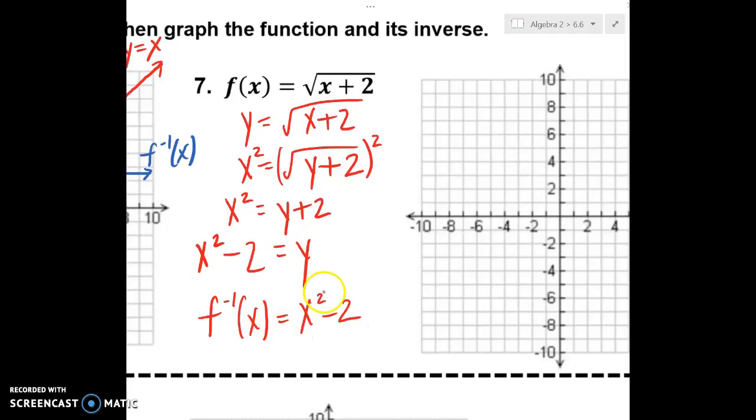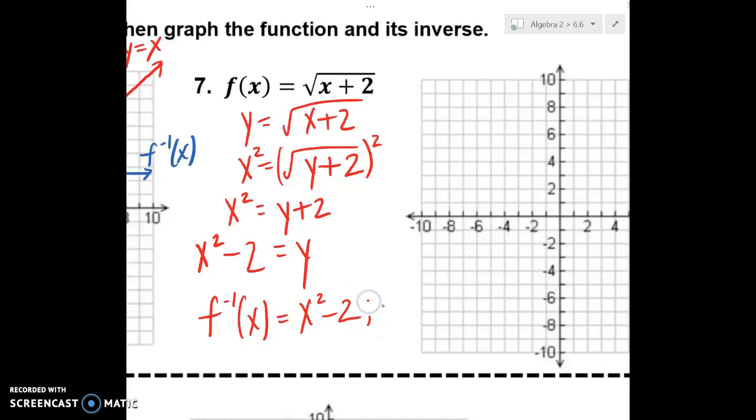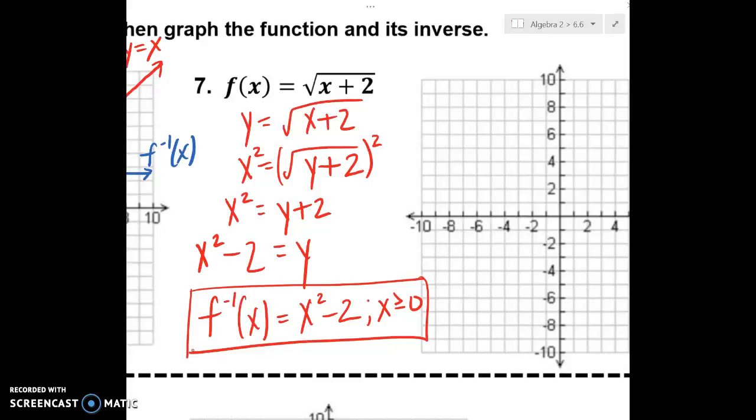And remember I told you if we have an x squared, we need to make sure to restrict its domain. Restricting its domain is just saying x is greater than or equal to 0 to make sure that we only use non-negative x values so that both our function and our function's inverse are functions.